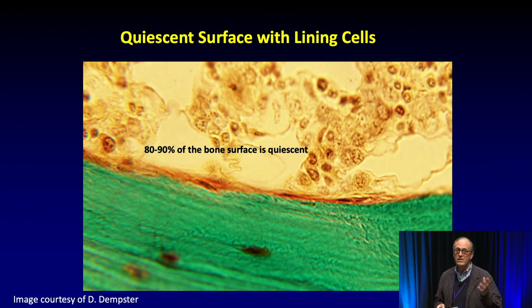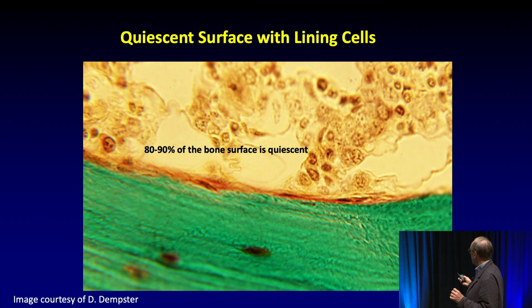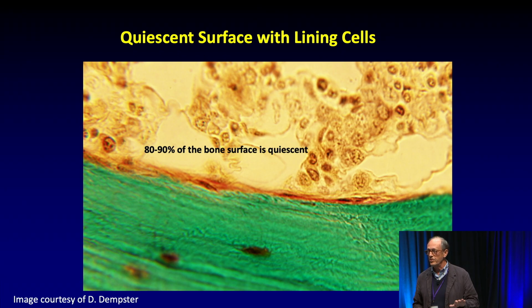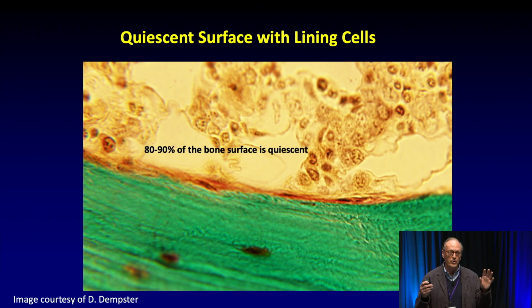Notice always this very intimate relationship with the bone marrow, okay? And they are not active in terms of matrix resorption or matrix deposition. They are active in transport of many things.